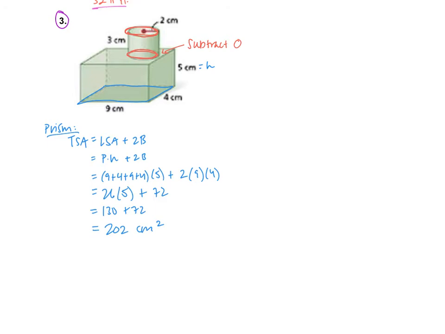But wait a minute, if we're subtracting out that area, we also have to consider how we want to add the top circle. It's not open at all, so we would want to add whatever that circle is. These two ideas actually cancel each other out.